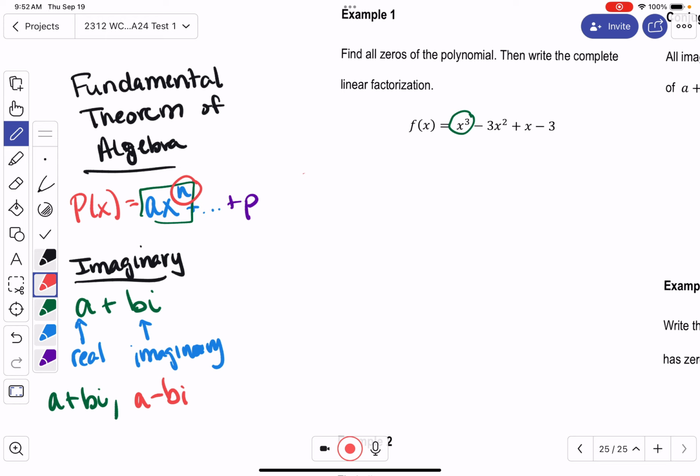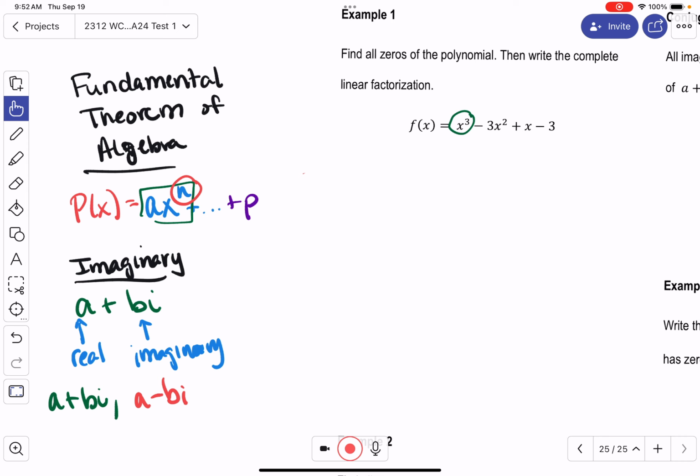Essentially, this means that if you have an odd number of solutions and you only get one real solution, the other 2 have to be the imaginary pair. And here's the example, x cubed minus 3x squared plus x minus 3.